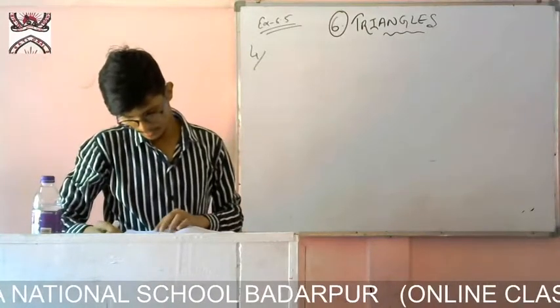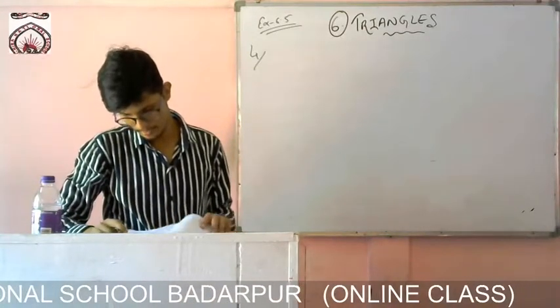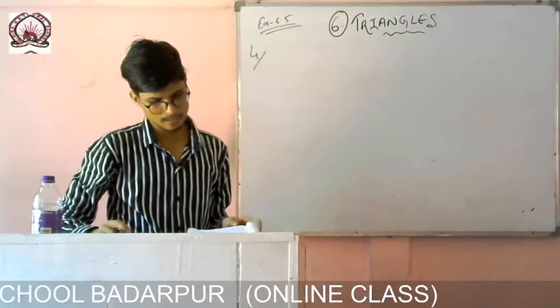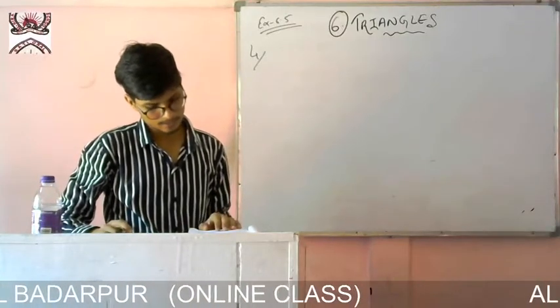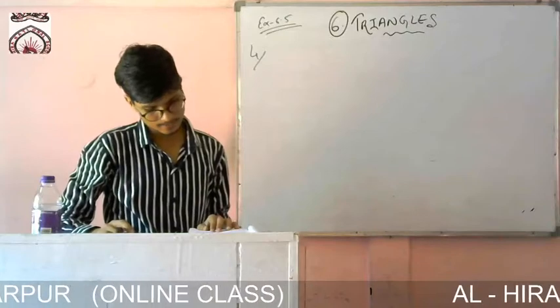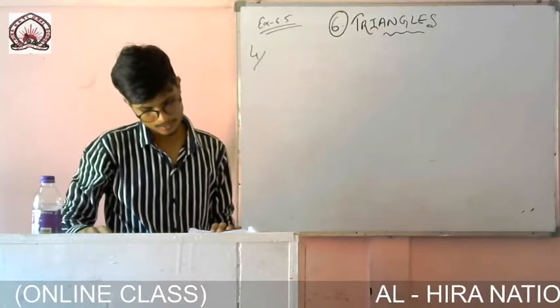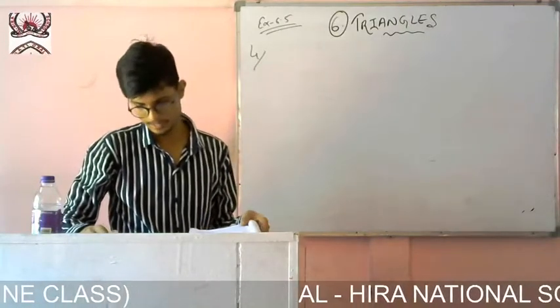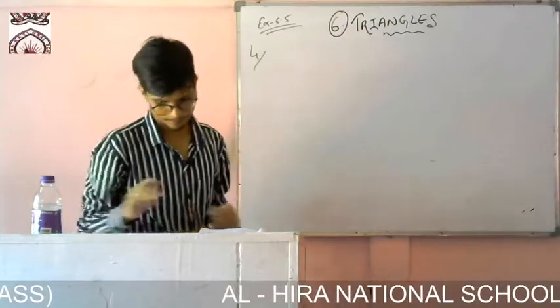ABC is an isosceles triangle, right angle at C, given. So that means it is a right angle, but it is also an isosceles triangle. It has two sides similar.